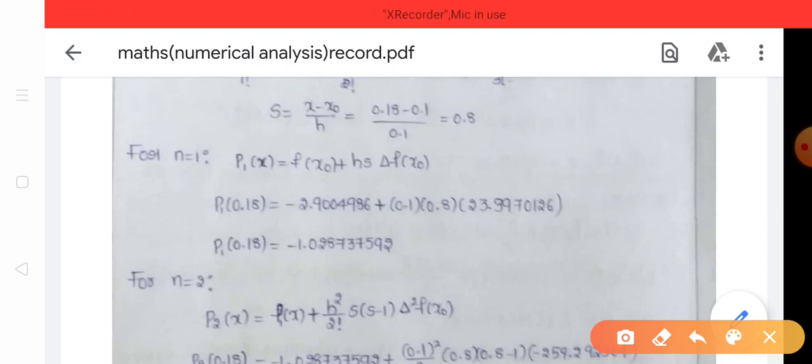Therefore, P1 of 0.18 is equal to minus 1.028737592 for n is equal to 2. P2 of x is equal to P1 of x plus h square by 2 factorial s into s minus 1 delta square f of x naught.